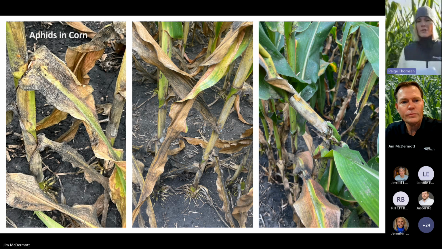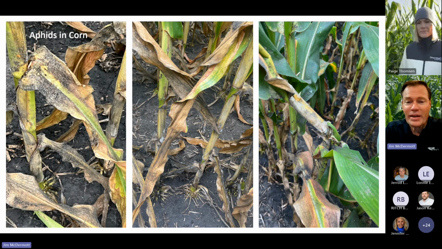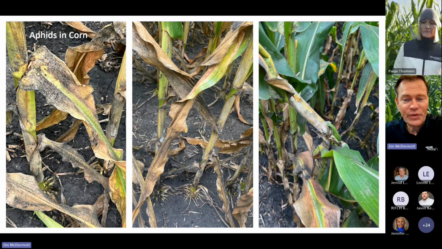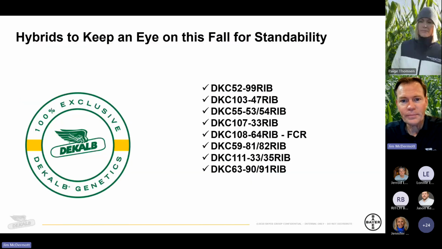We had a ways to go in this field, so we're definitely going to have to watch these situations. It's similar to what we were talking about with diseases. It may not be affecting much on the yield, but you're still hurting that plant, and it can certainly affect standability even with the aphid feeding kept in the lower part of the canopy.